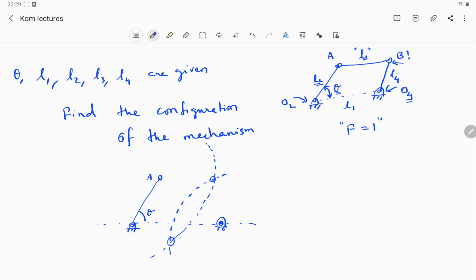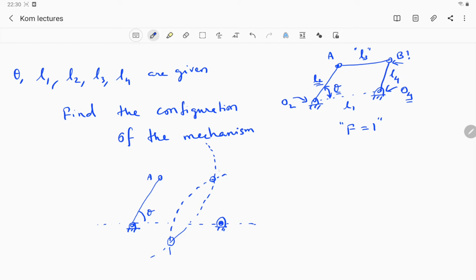Now among these two, which one is our B? As a matter of fact, both can be B. If we have some additional information, then we can choose which one is B. Otherwise, both are our solution.